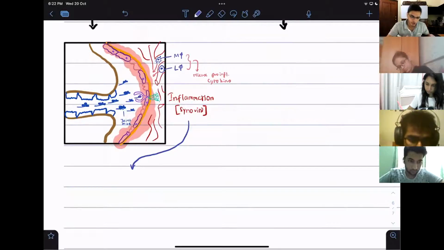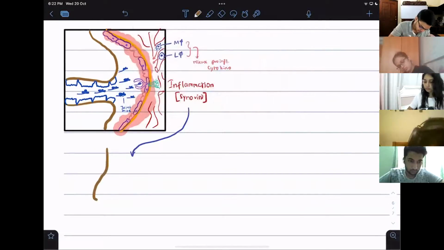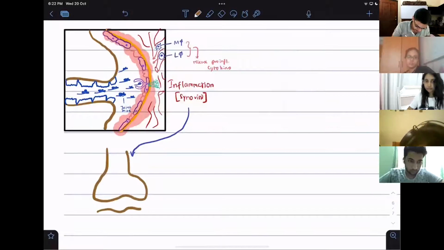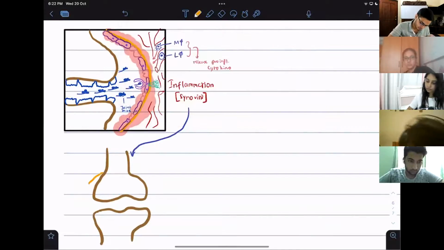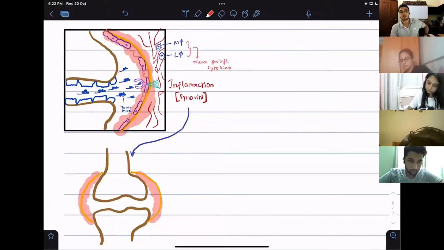So what is going to happen if we look at our bone structure? Let me draw it again. If we draw the synovium, we are going to see the synovium inflamed like this.